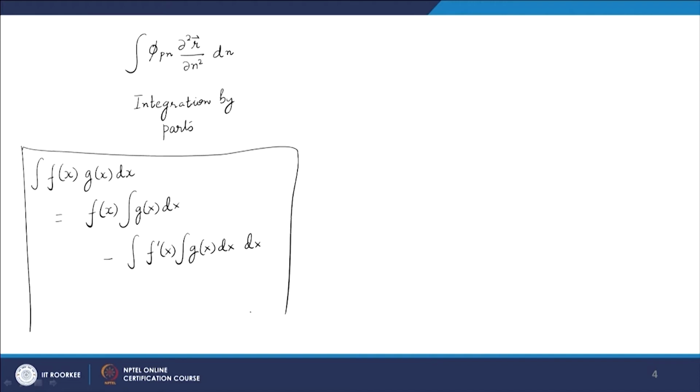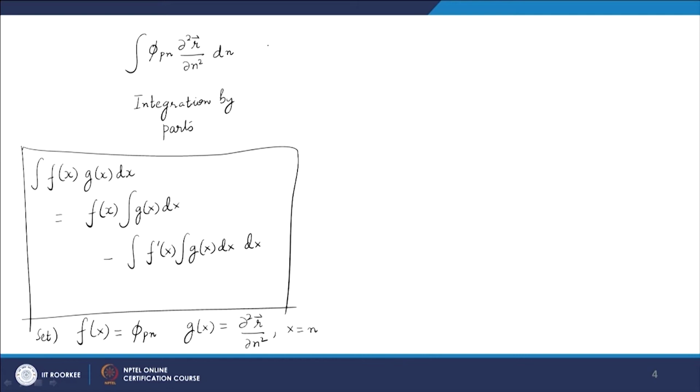So, this is the rule I am going to use here, where I set f of x equal to phi_p(n) and g of x as my second derivative of r with respect to n. And of course, x in our case is n.